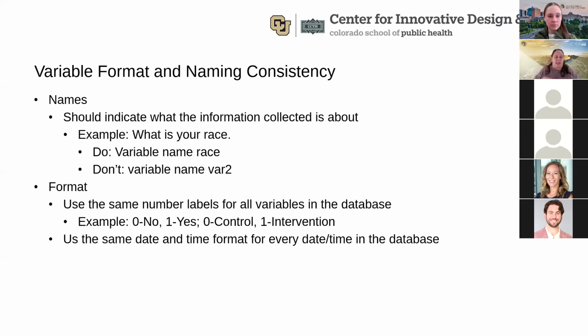So if you're doing month, day, year, make sure every single one of your dates is month, day, year. If you're doing time, hour, minute, then all the time should be hour, minute. That's simply because for us on the back end, dates are always a little bit tricky to work with whenever you're doing any kind of data cleaning.